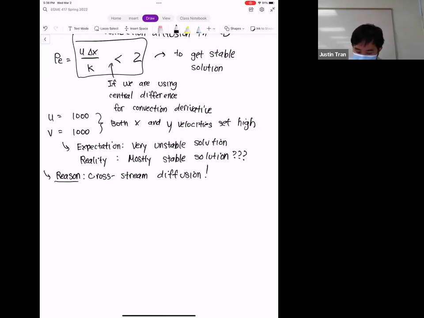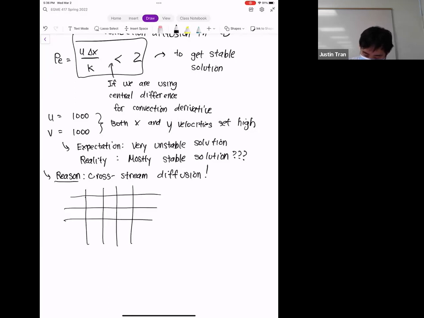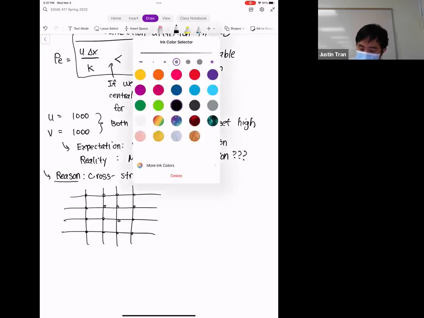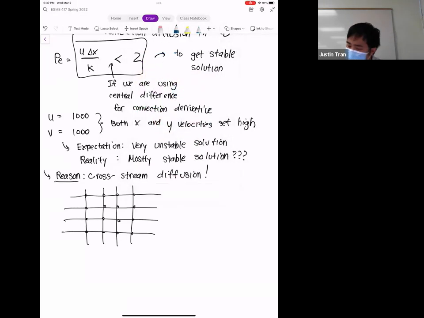The reason for cross-stream diffusion looks something like this. If I could draw our grid right here, this grid represents our domain. What can happen in 2D is that our velocity can be unaligned with the grid, meaning the velocities don't follow the grid lines. Our grid lines run vertically up and down, and horizontally left and right.